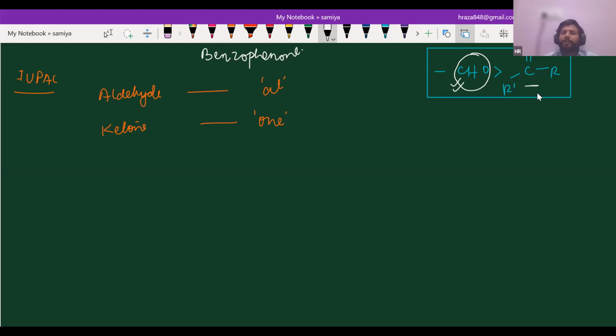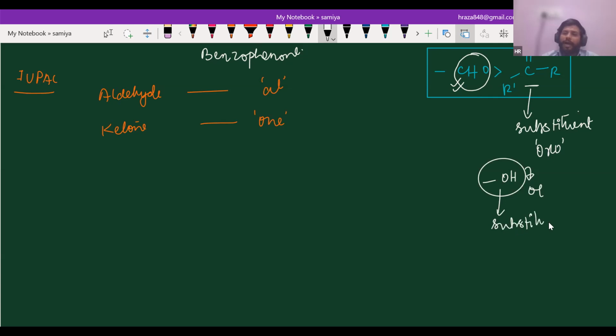Then the other functional group will be treated as a substituent, and its name will be oxo. Like alcohol, we use ol for alcohol, but when OH is treated as a substituent, we use hydroxy. Is that clear to everyone?